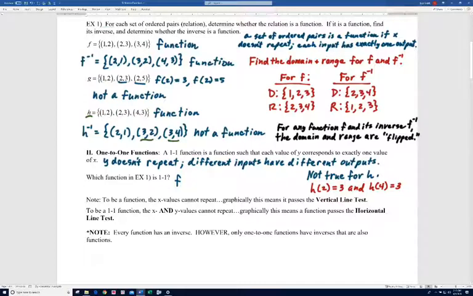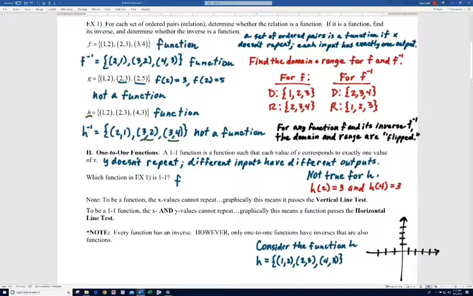Now next here it says, note to be a function, the x values cannot repeat. Graphically, this means it passes the vertical line test. Well, what about one-to-one functions? I want you to consider the function h. That's this one here. I'm going to go ahead and graph these points. And so look at what we have here. Now remember, the 2, 3, and 4, 3 were the problem because the 3 repeated.